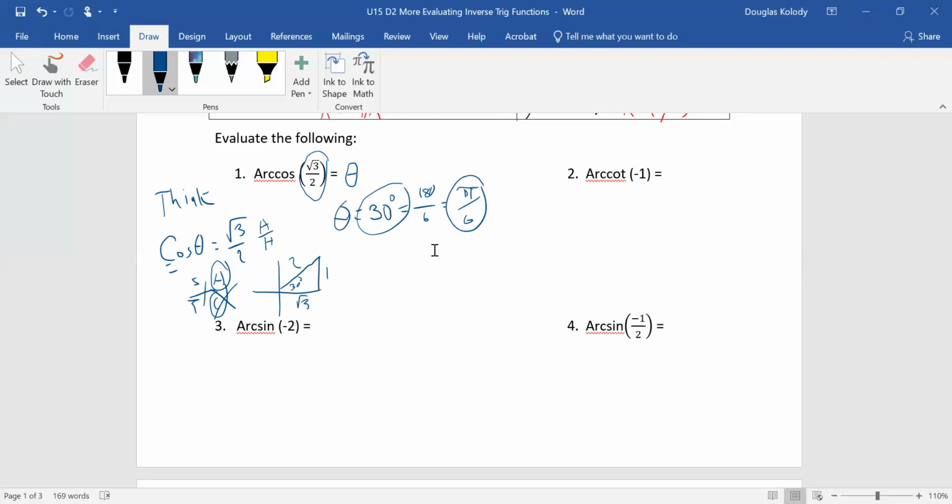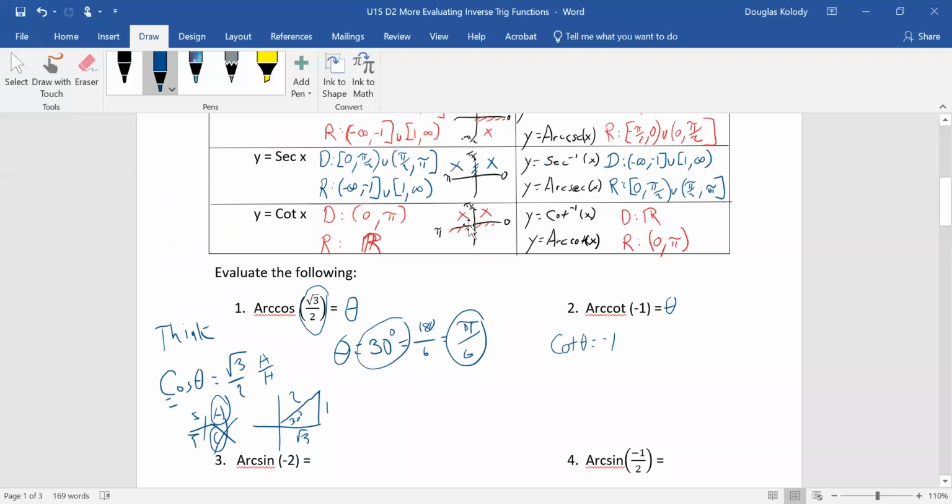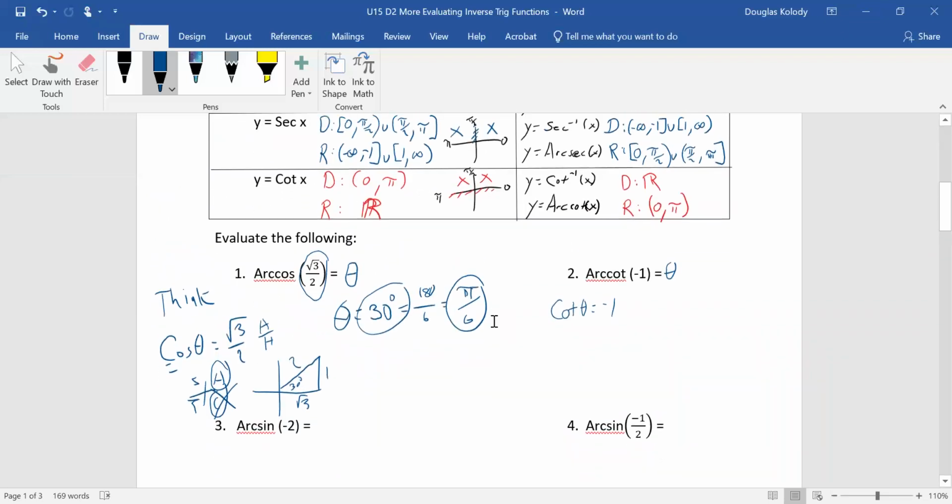All right, the arc cotangent of -1. Again, trying to find the angle where the cotangent of theta equals -1. That's what we're trying to find. All right, so where are the restrictions on cotangent? Cotangent, oh, it's right here, quadrants 1 and 2 again. And so right off the bat, I got all students take calculus.